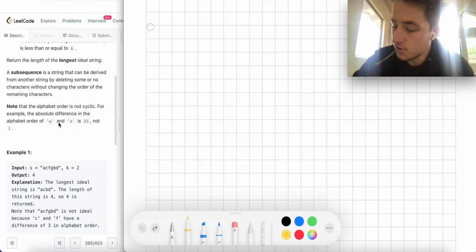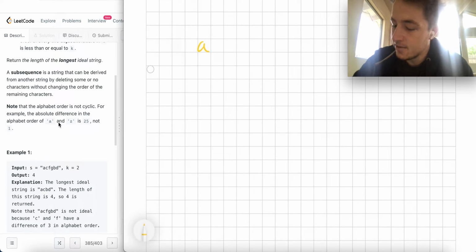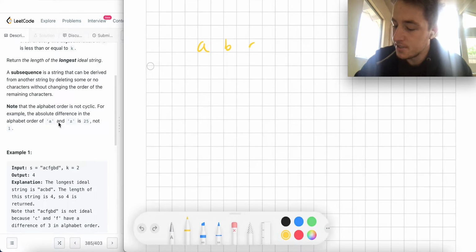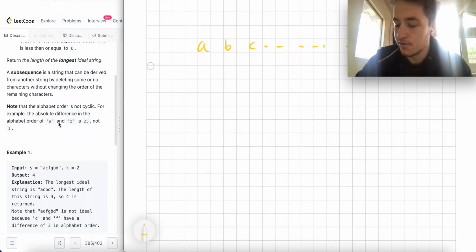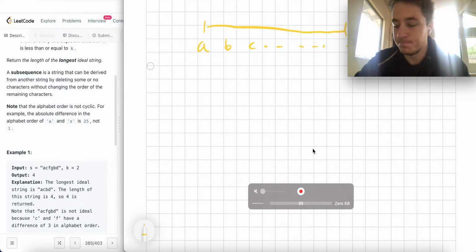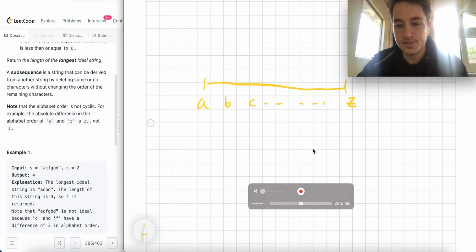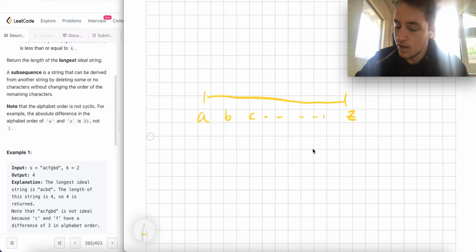Because when you look from A to Z, it's A, B, C, dot, dot, dot, Z, right? Apparently, I don't know my own alphabet. So the difference between these two things is 25, not like A is 1 away from Z to the left.